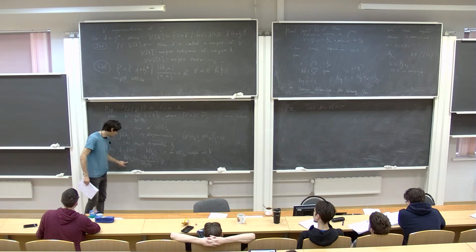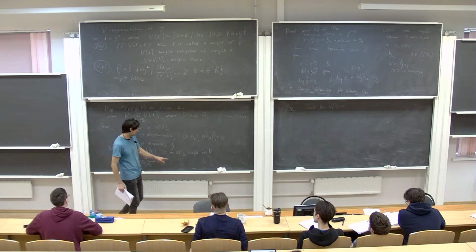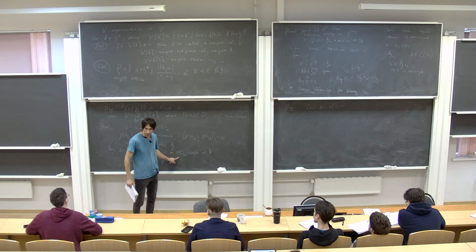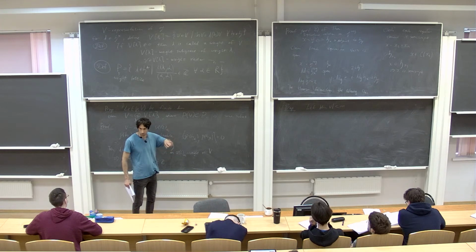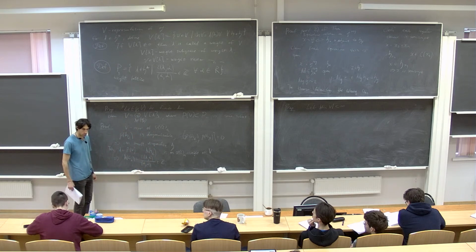Because I claim that this is a weight of V as a representation of SL2. And we know that all weights of SL2 in a finite dimensional representation should be integers. So that's why.